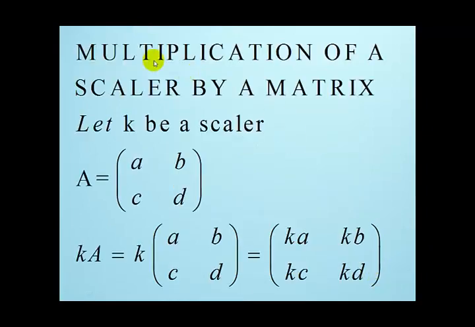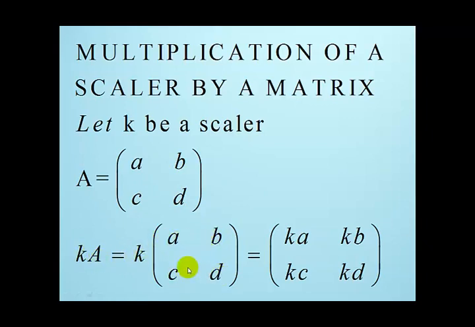Now let's look at multiplication of a scalar by a matrix. Let K be a scalar and the matrix A be equal to [a, b; c, d]. When you write KA, it means that we are multiplying the scalar by the matrix. So KA will be equal to K times [a, b; c, d].